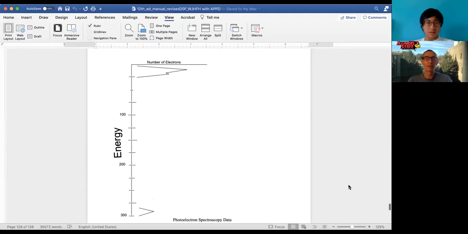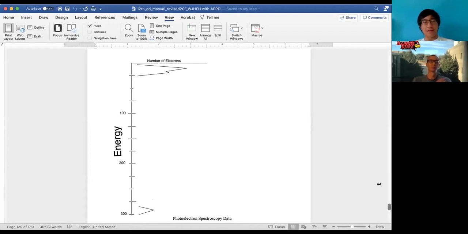What do you see there, Kevin? So right now, I see the horizontal axis is the number of electrons. The vertical axis is energy in some hundreds, and then I see two major peaks or triangles.